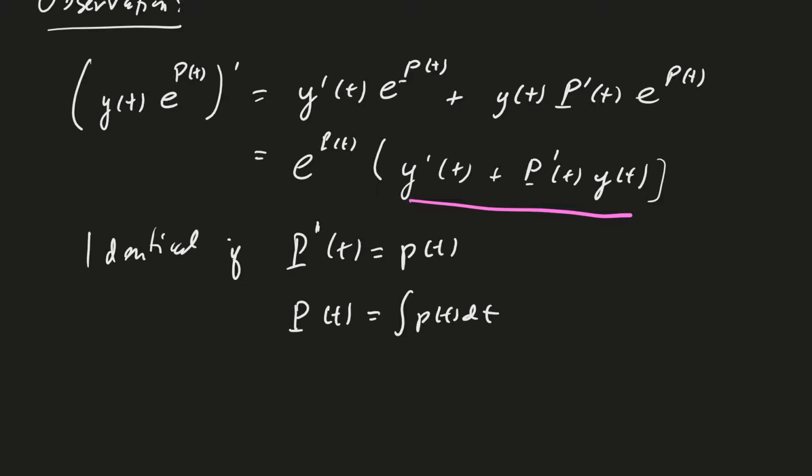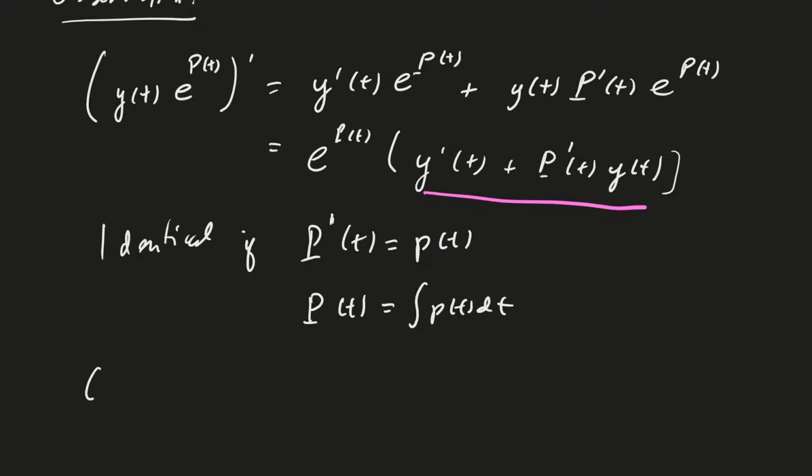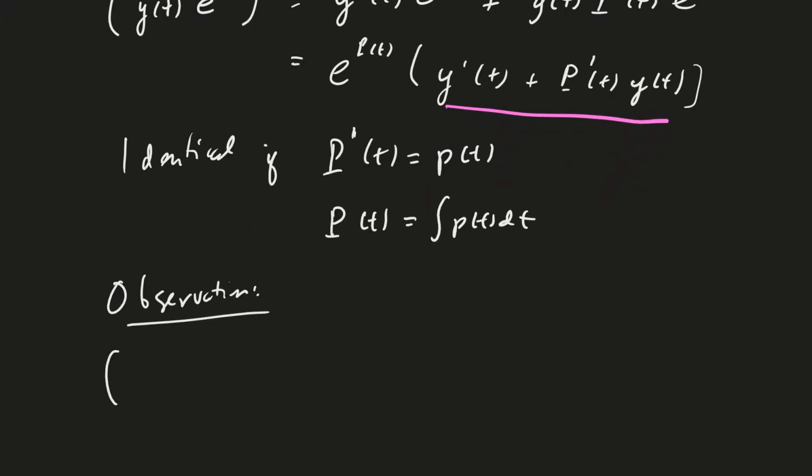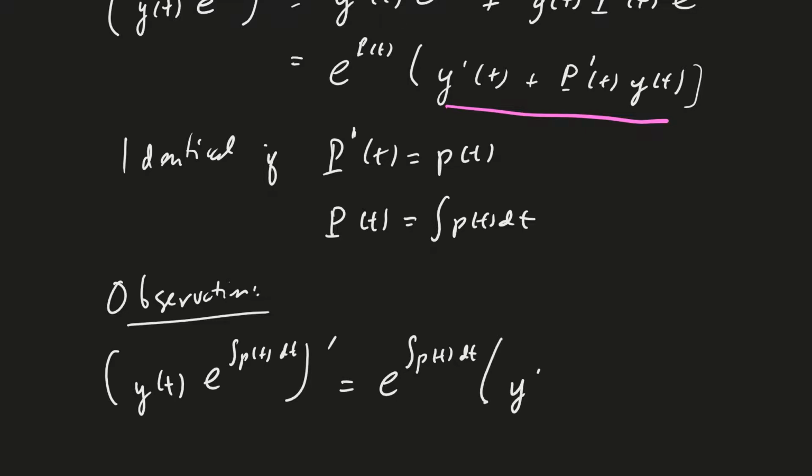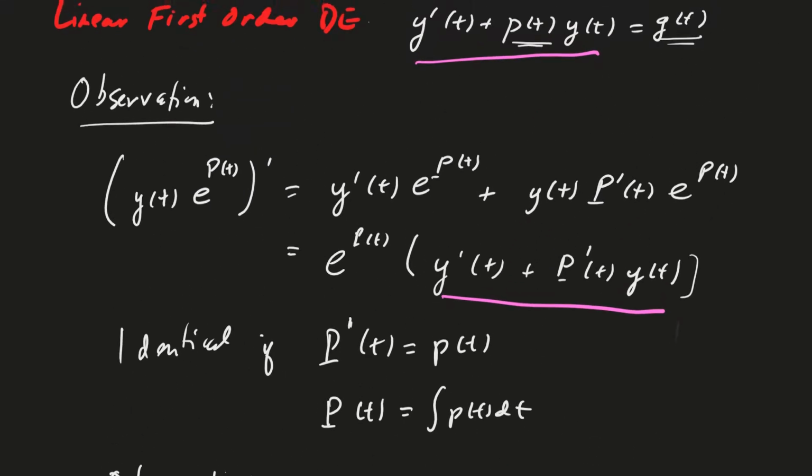Now, just to summarize what we've observed: if I take y of t times e to the integral of p of t dt and take the derivative, I end up with, and I'm going to go ahead and factor this out, e to the integral times y prime plus p times y, which is exactly our left-hand side, which is right here.